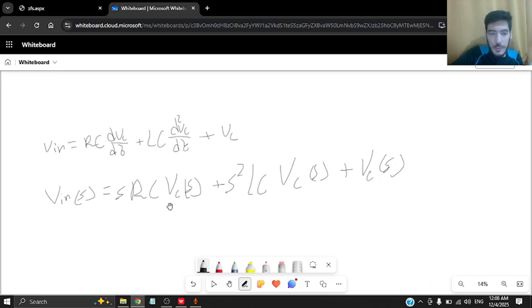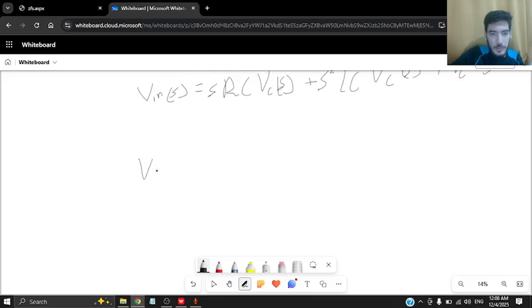Now here I can take Vc as a common factor and divide by Vn, so Vn over Vc will be equal to s squared Lc plus Rc s plus 1.